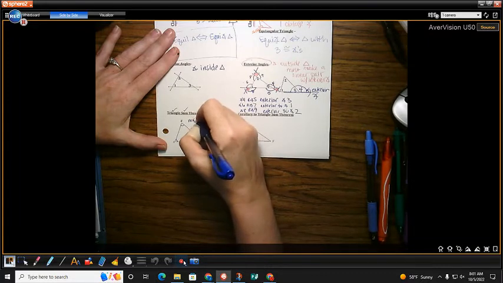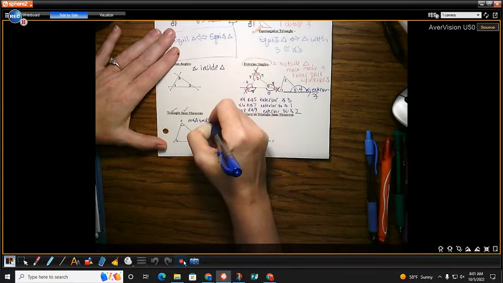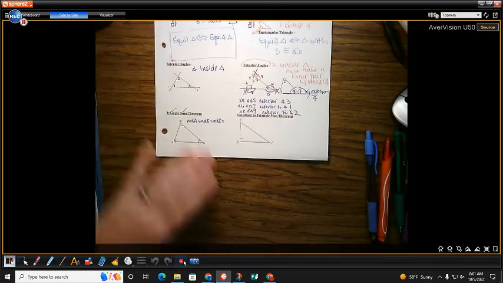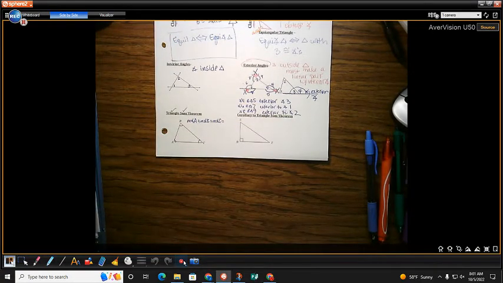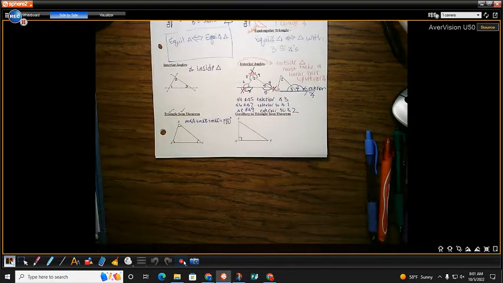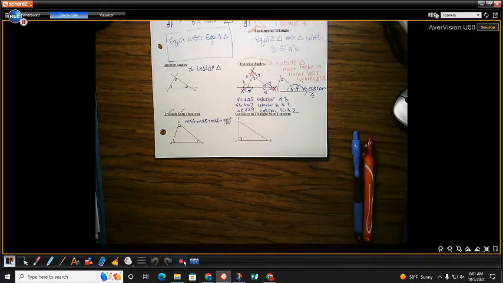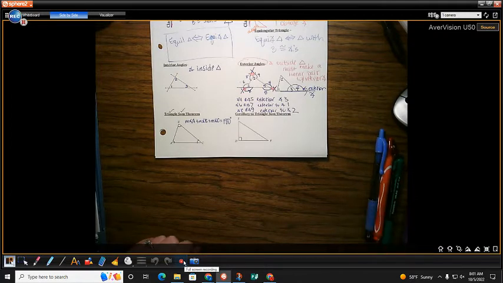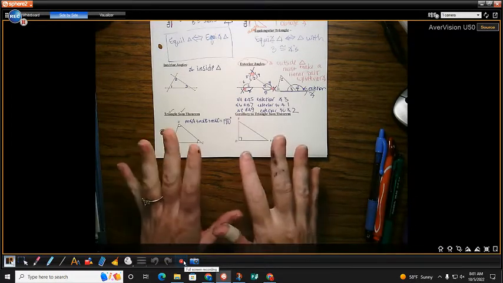So the measure of angle A plus the measure of angle B plus the measure of angle C. Guess what the triangle sum theorem says they add up to? 180 degrees. 180 degrees. I know. It's amazing. Eventually, because that's a triangle thing, but baby steps.